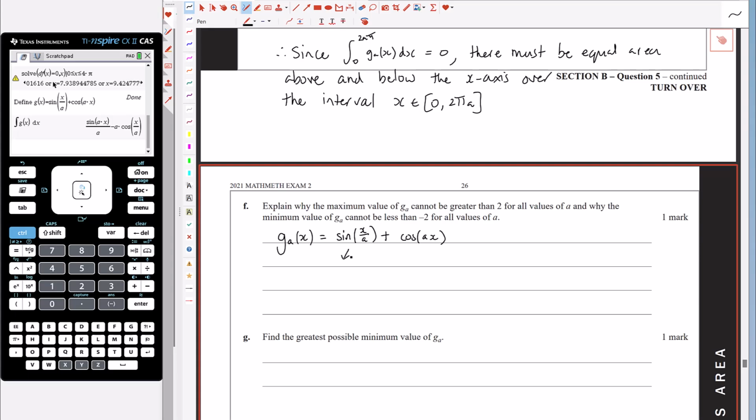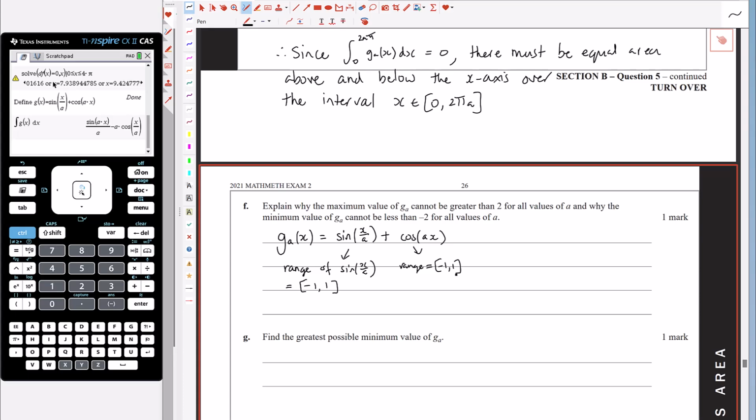Okay, so if we break this down, the range of sine of x on A, it has an amplitude of 1, and so it's from -1 to 1. And the range of this is also from -1 to 1. Which means that the maximum possible value we could get from GA of x is if we had the maximum value of sine of x on A added together with the maximum possible value of cos of AX, and that would be 2.